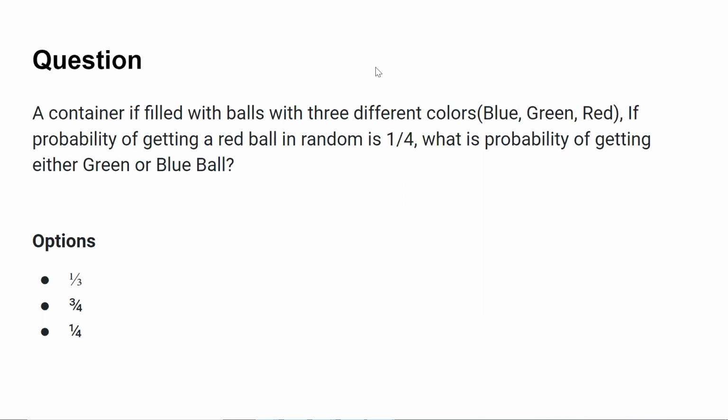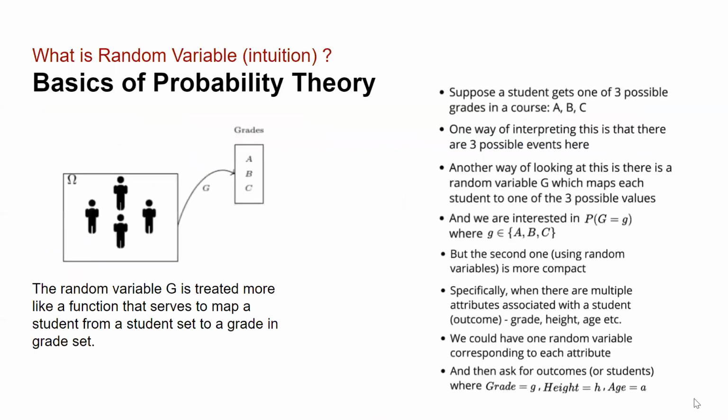Now this is really important. We're going to approach the concept of a random variable. So what is a random variable? Let us see this with an example.